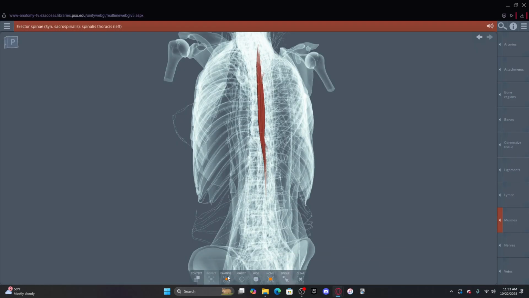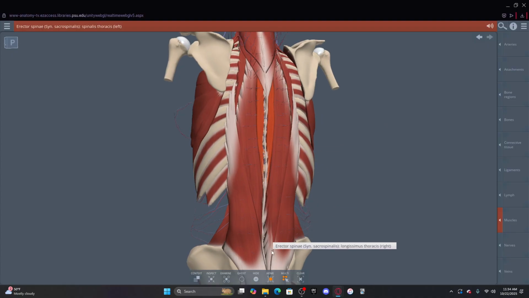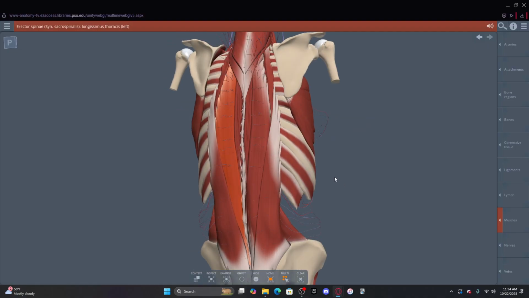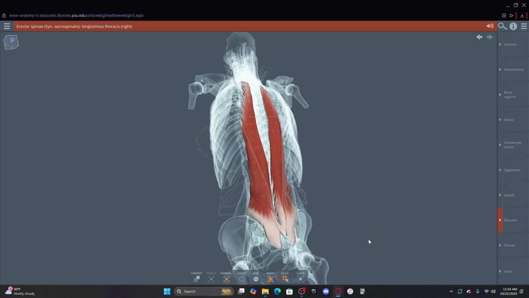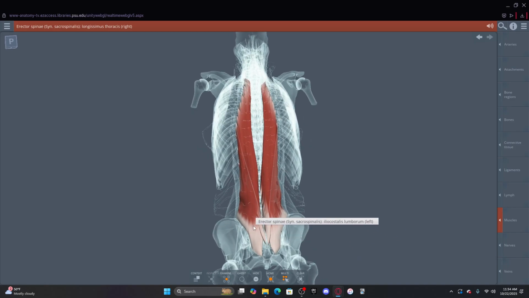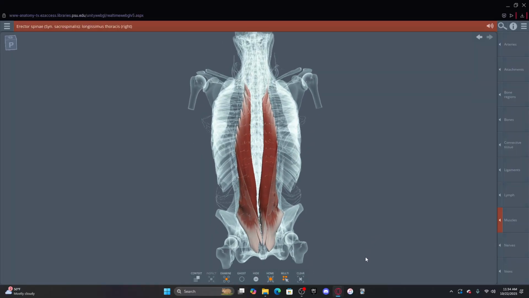Spinalis is directly surrounding the vertebra. So both of these are spinalis, and then we have longissimus. Both of these are longissimus, and it goes from the sacrum and the iliac crest all the way to the vertebra.